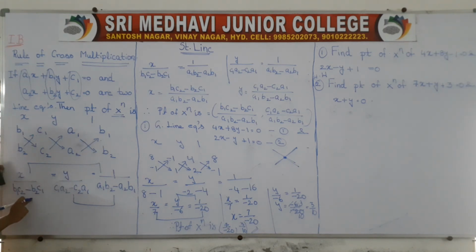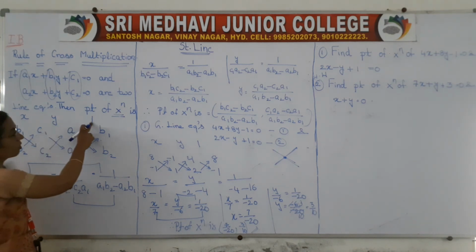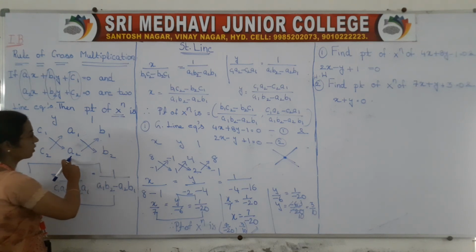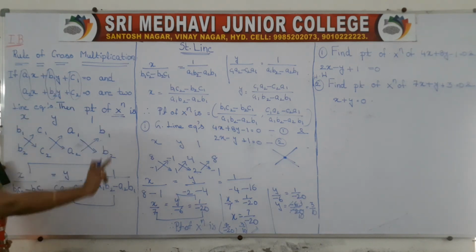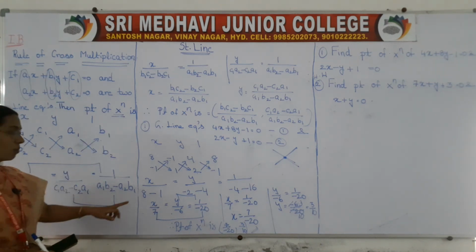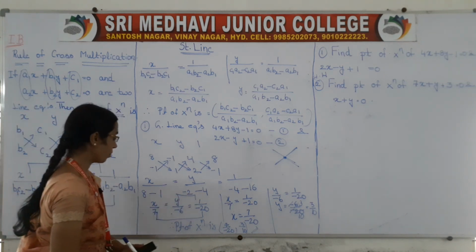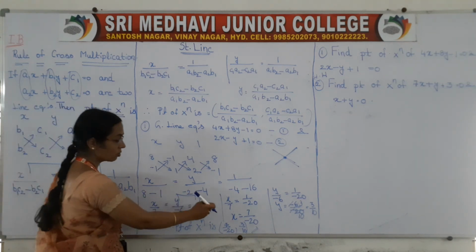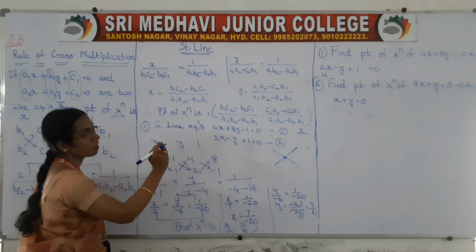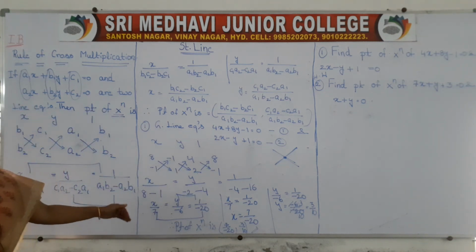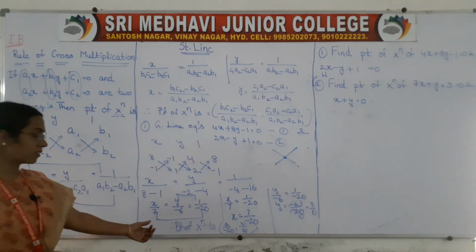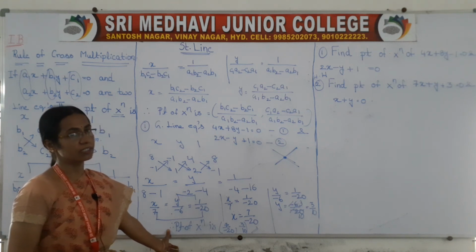So, next x divided by this value into this value minus this value into this value. Next y by this value into this value minus this value into this. Next 1 by this value into this value minus this value into this value. Minus is most important. After that, x term, constant term, y term, constant term. You will get your x and y. So that is called the point of intersection.